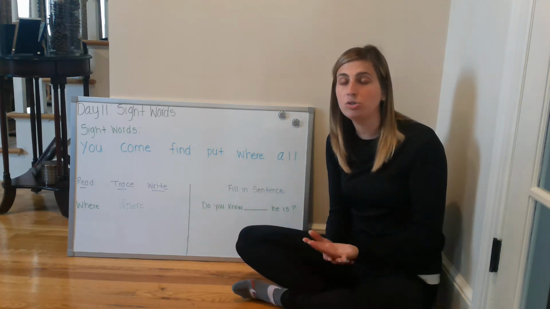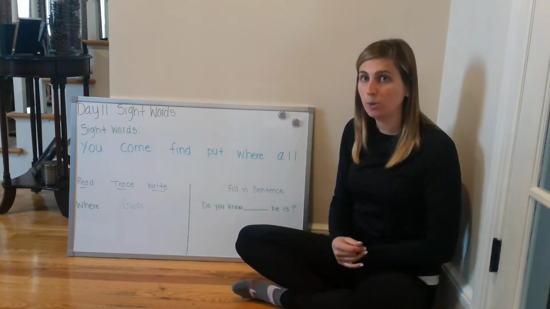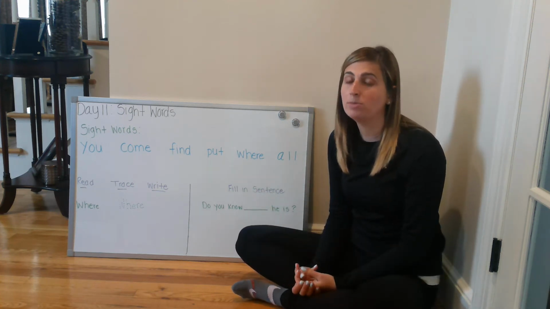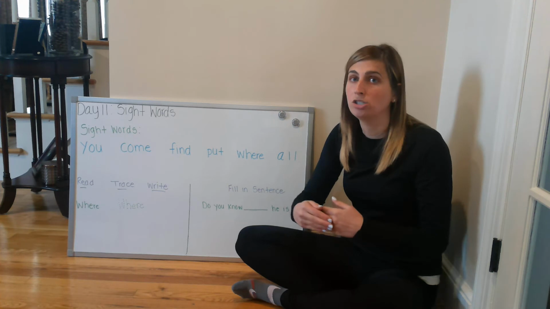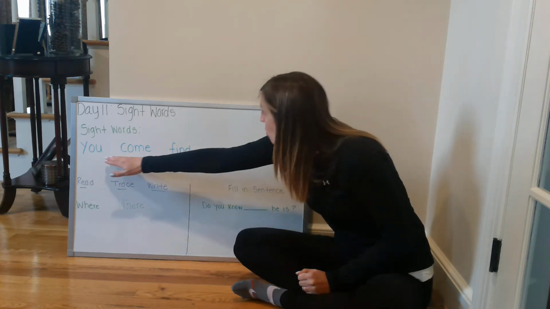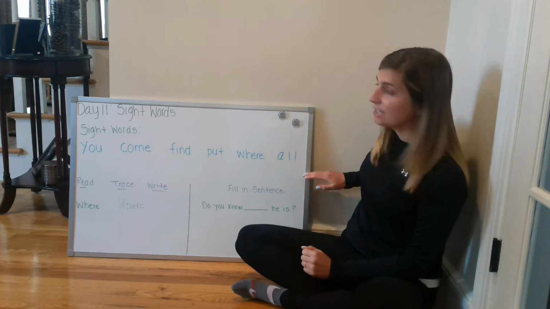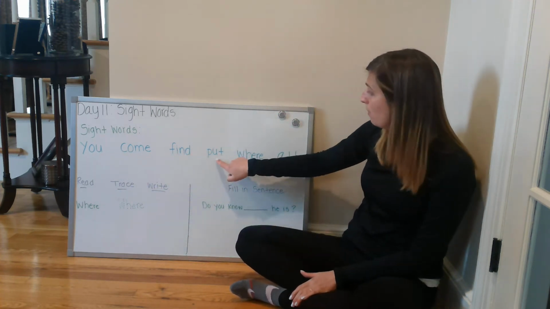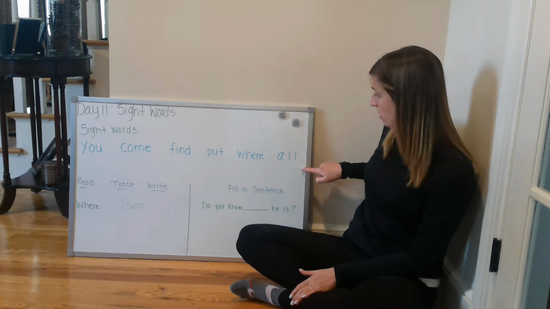Then I will introduce our worksheet, and I'll complete 2 problems on it with you to help you get started so you can complete the rest on your own. Remember, we are using these 6 sight words today: you, come, find, put, where, and all.